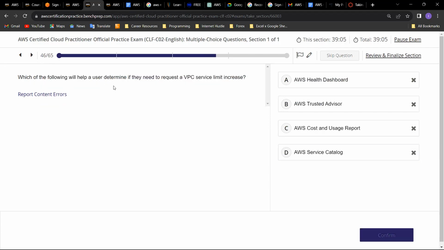Which of the following will help a user determine if they need to request a VPC service limit increase? I see B, I see D, BD.